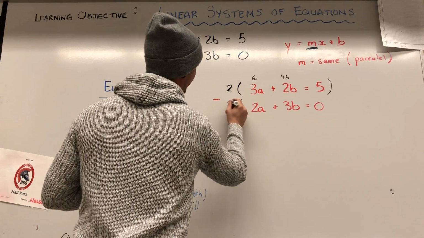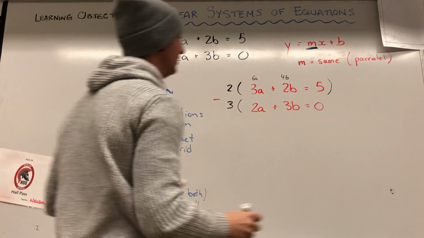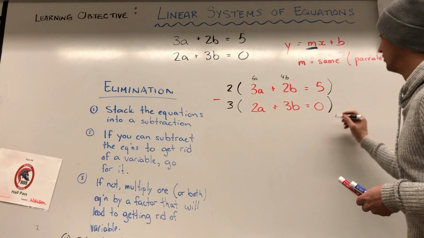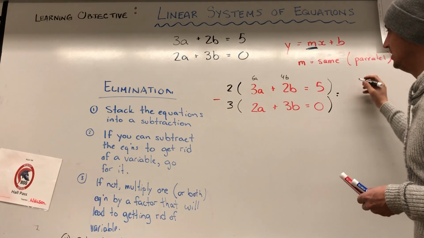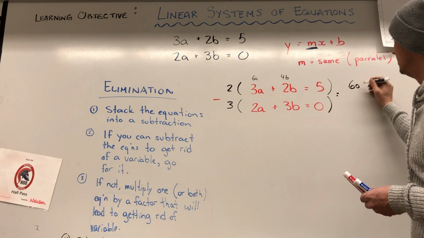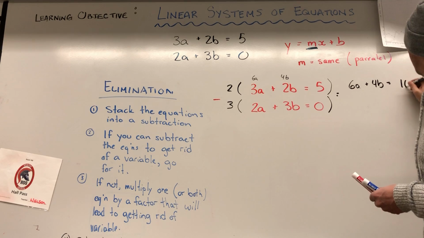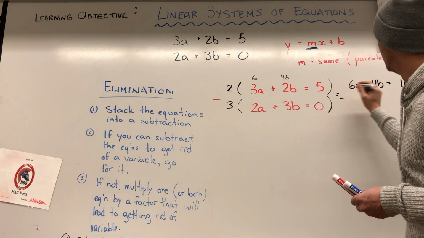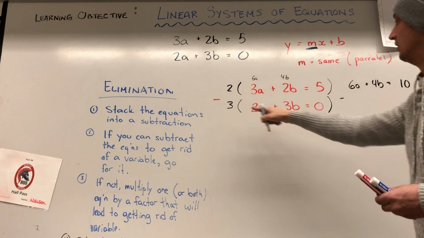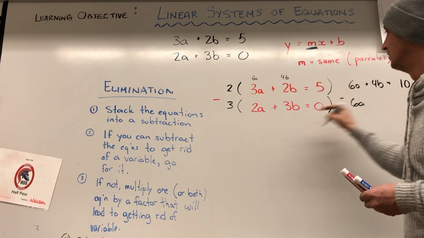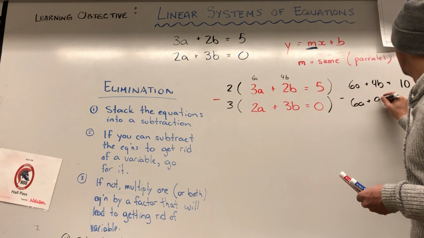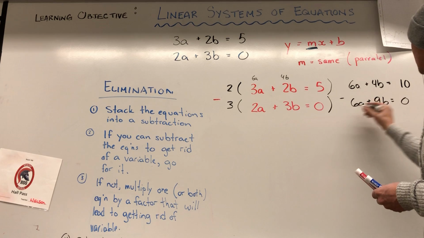Well, I have to multiply this one by 3. So I'm multiplying the top one by 2 and the bottom one by 3. And that will give me 6a plus 4b is equal to 10. 2 times 5 is 10. Then I'm subtracting 6a plus 9b is equal to 0.